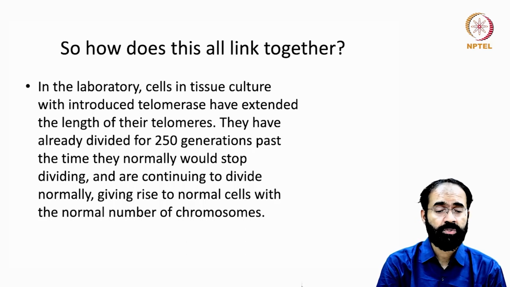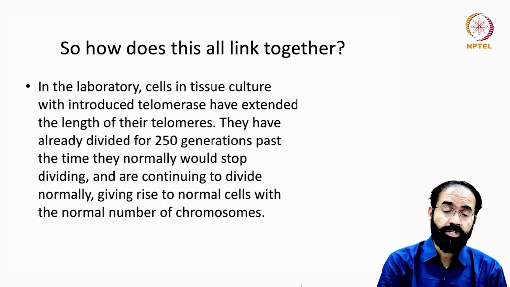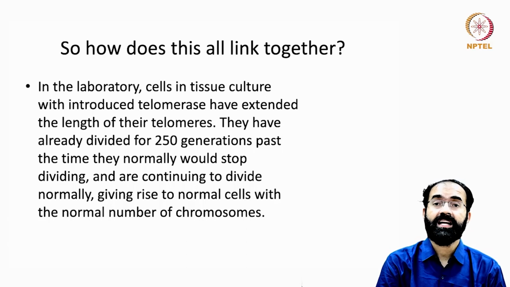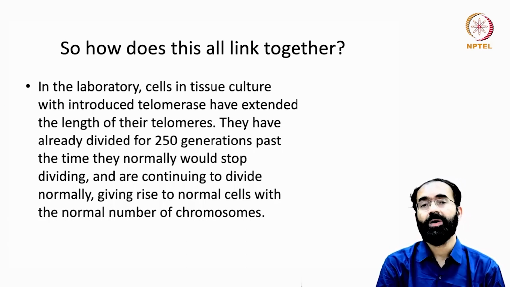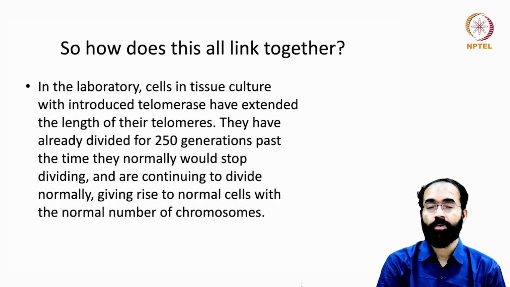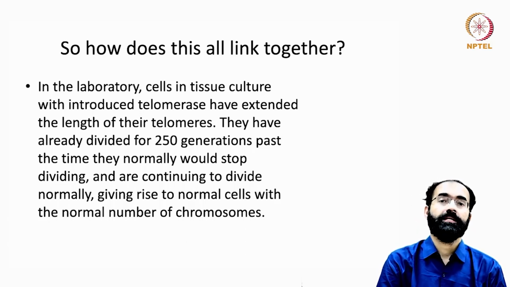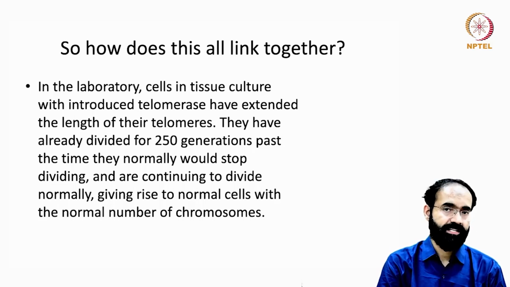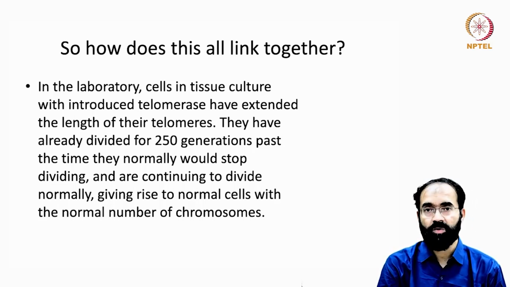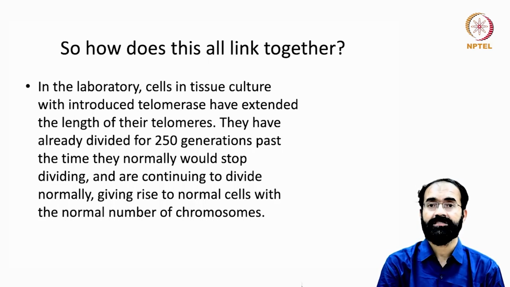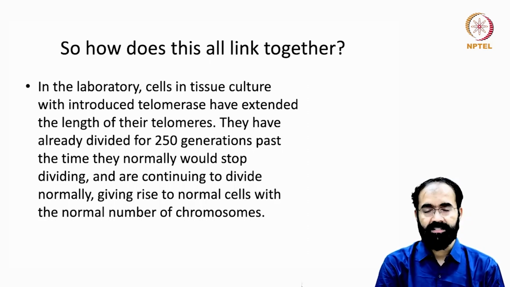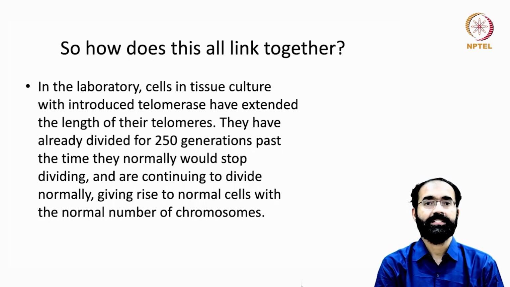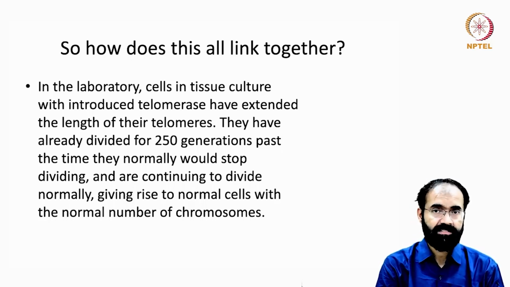So they can continue to divide normally, giving rise to normal cells with a normal number of chromosomes. So if you activate telomerase in a normal cell, you can culture them indefinitely in a petri dish without having any phenotypes of cancer. So telomerase does not cause cancer, but telomerase is a utilized advantage or feature in cancerous tissue, because that is a requirement. It's an added advantage the cancer cells have.